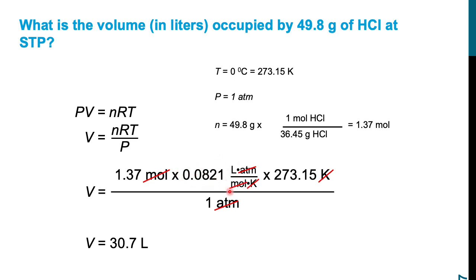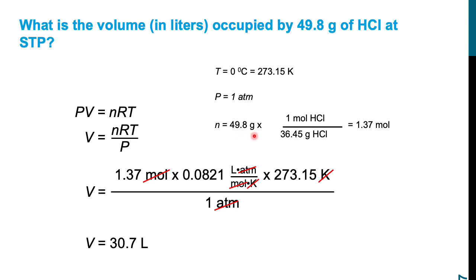Because in this value there is atmosphere, mole, Kelvin and liter, so you can find liters. Don't use the other gas constant, because this one has liter. And then mole: here is a mole, so you need to calculate the number of moles from 49.8 gram.